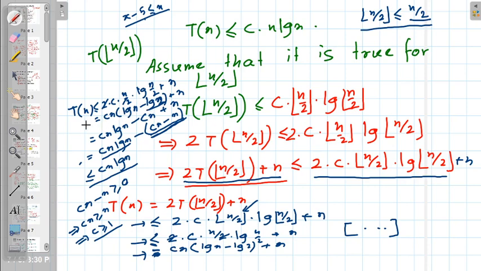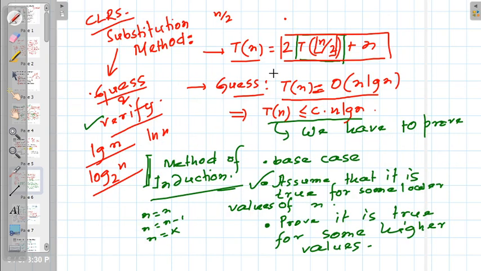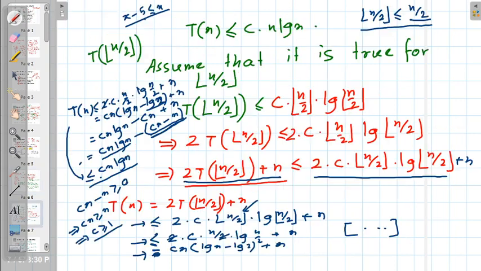So what we have eventually got: we started with the equation, and by this substitution method we had to prove that Tn is less equal to Cn log n, and that we have proved here.